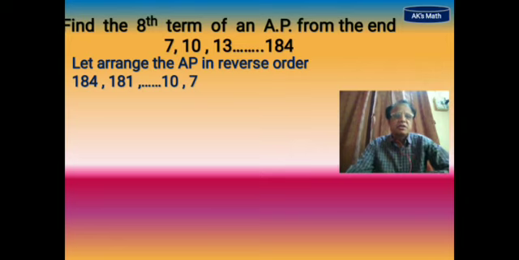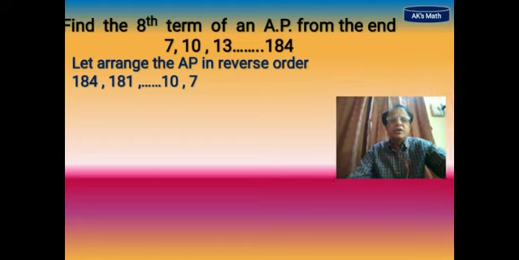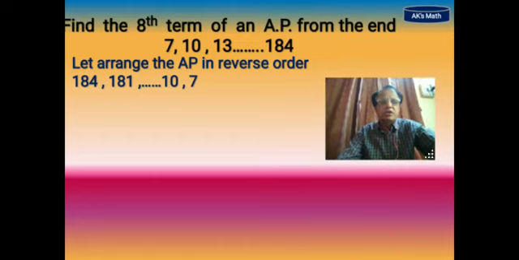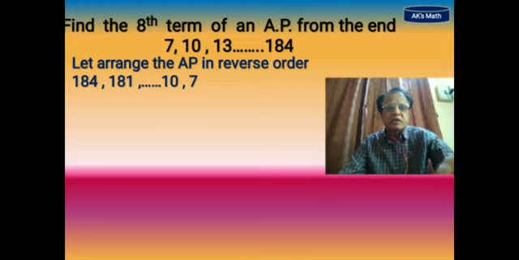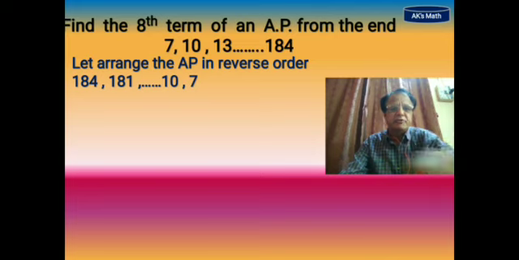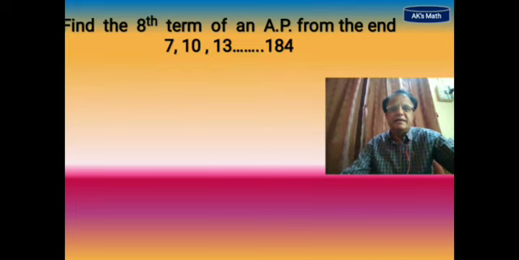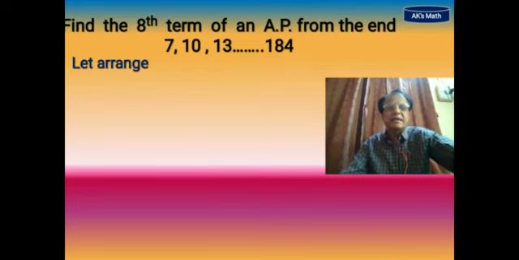So at the time of arranging this reverse AP, you have to decrease the numbers by 3. So 184, 181, 10, 7. By this way, you can write the AP in the reverse order. Now let's write the values of A and D according to this new arrangement.